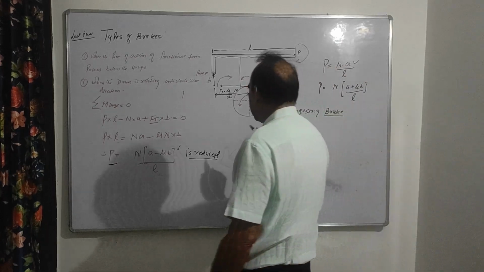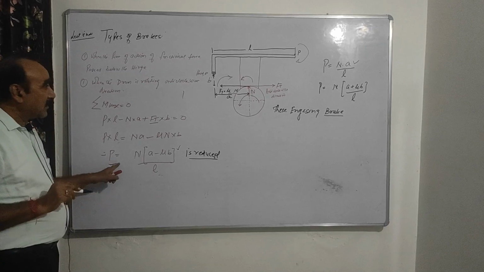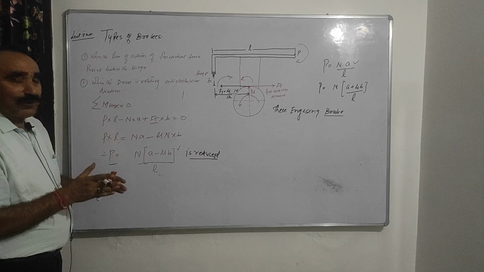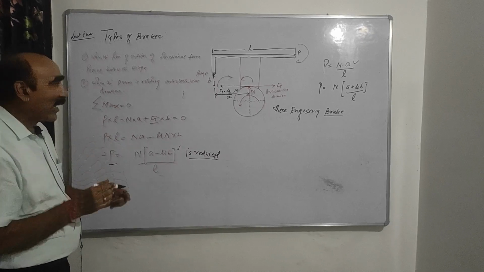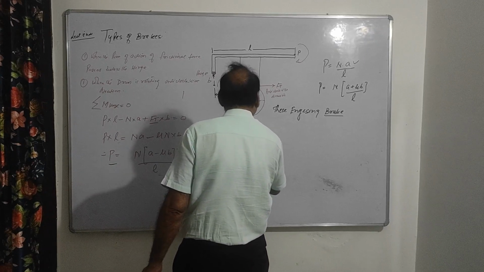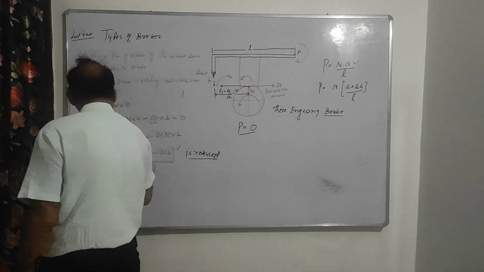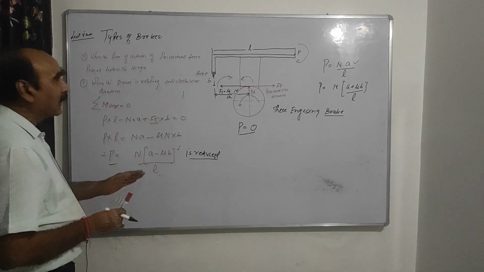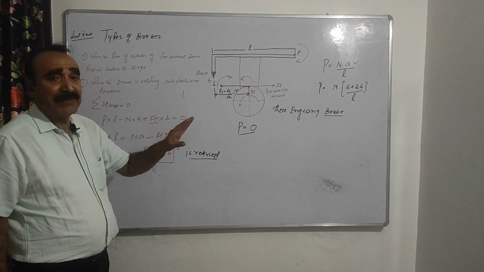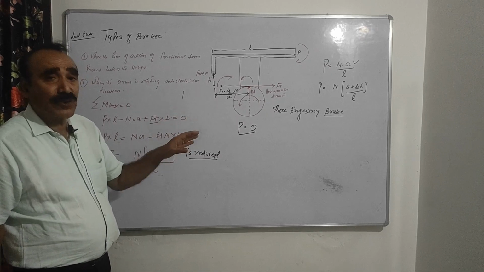Now energizing brakes means that the value of P is less. If you keep reducing the value of P, making it much less, and if the value of P becomes 0, suppose the value of P is 0, then it means you are not applying any effort, you are not applying any force. It means that the brake is not under your control.